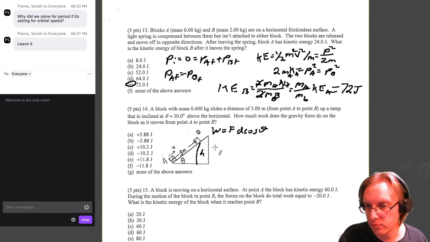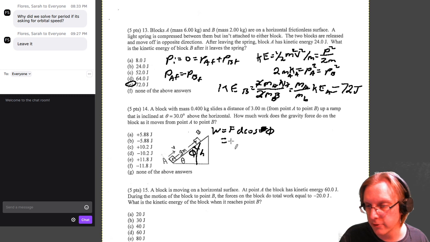So on our block we have force pulling down. And this is not theta here because it's the angle between the force and the direction traveled. So it's actually this one here. So it's actually phi. So it's not that one, it's this one.